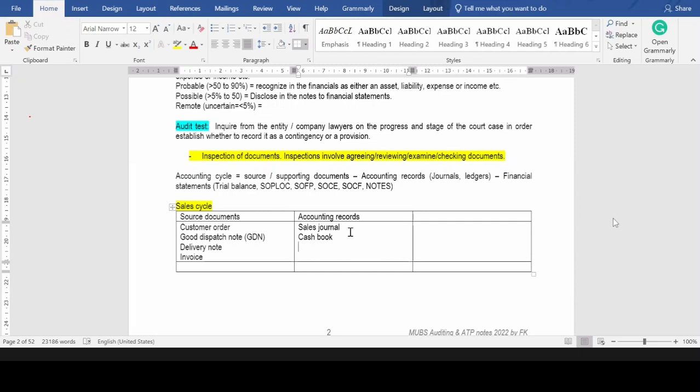We have the general ledger, where we find the sales account. Then we have others. Then when we go to the financials, those end up in the statement of profit or loss.